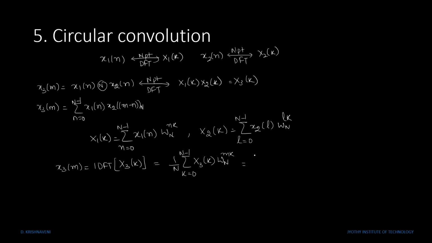Now here, 1 by n summation k equal to 0 to n minus 1 x3 of k is x1 of k into x2 of k wn to the power of mk.